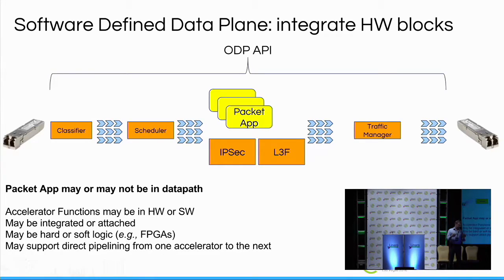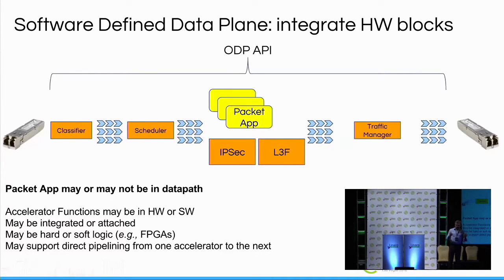So here the software has been used to configure the behavior of the hardware blocks. The ODP API covers from the top left to the far right of all the hardware blocks. It covers the configuration and the behavior of all the components.